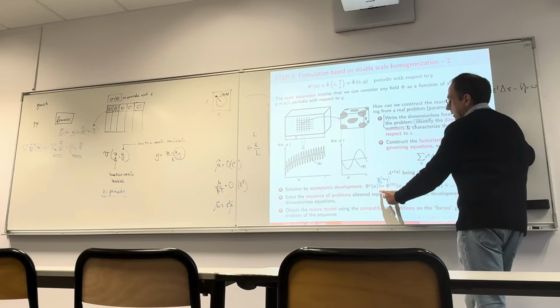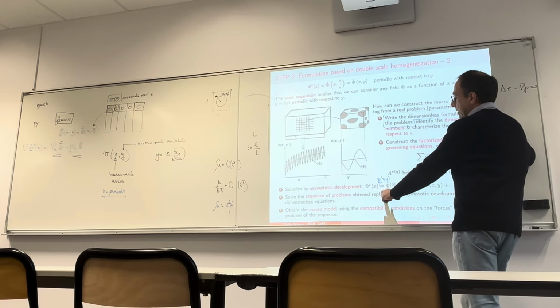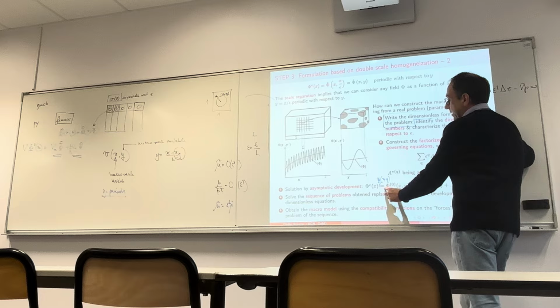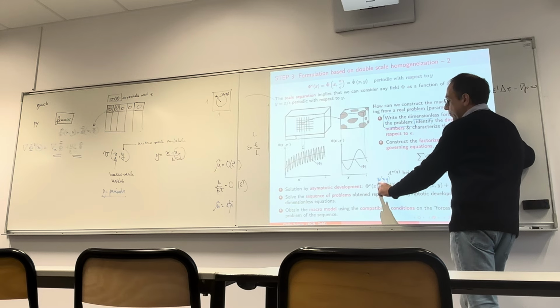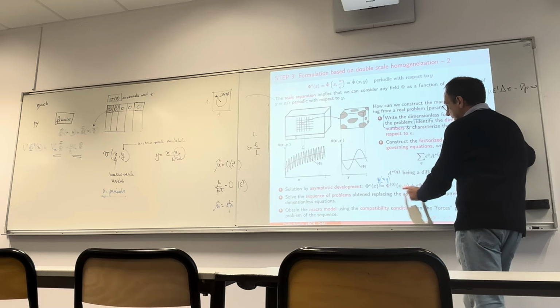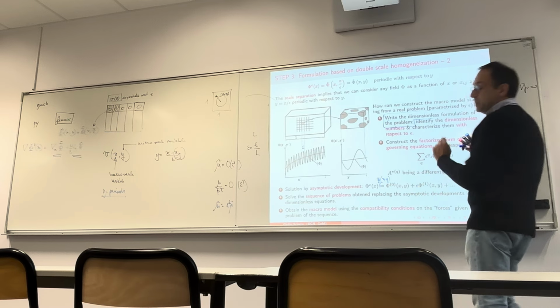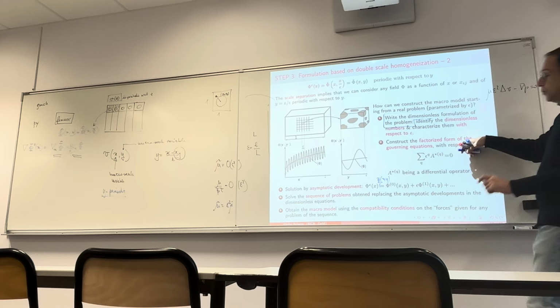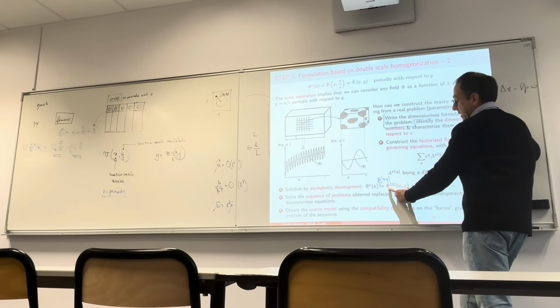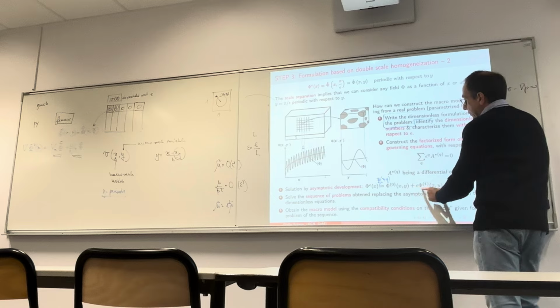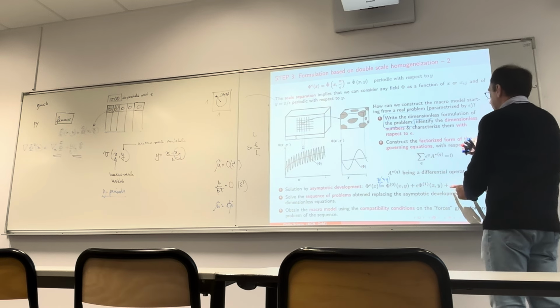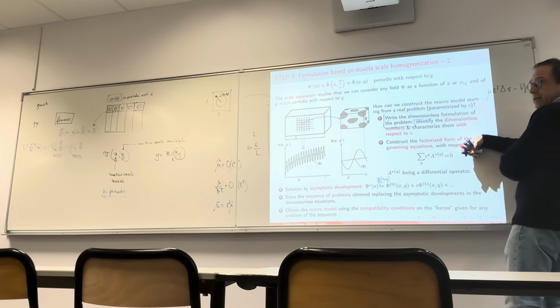This we expand in terms of asymptotic development, in the sense that we expand the function phi as a sequence of terms of different order with respect to our small parameter epsilon. So we have a zeroth order term in epsilon, plus epsilon a first order term, plus epsilon square a second order term, and so on. Okay?